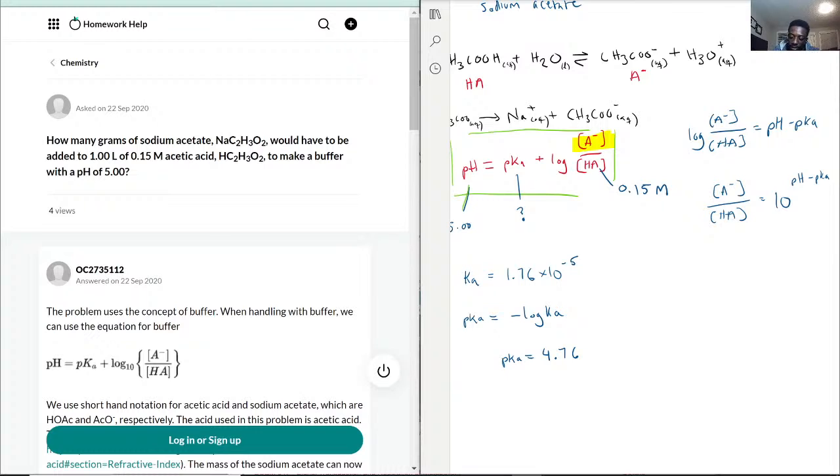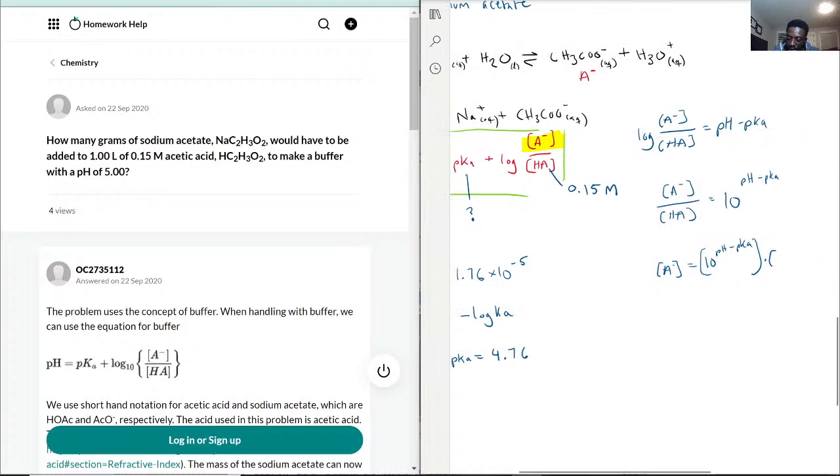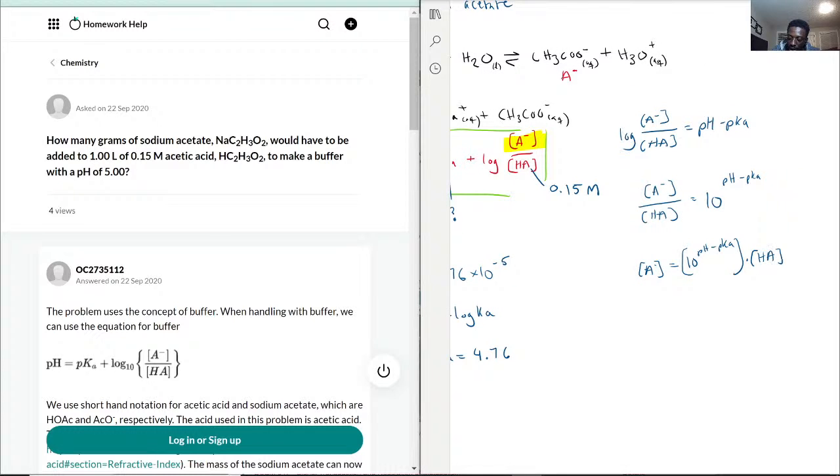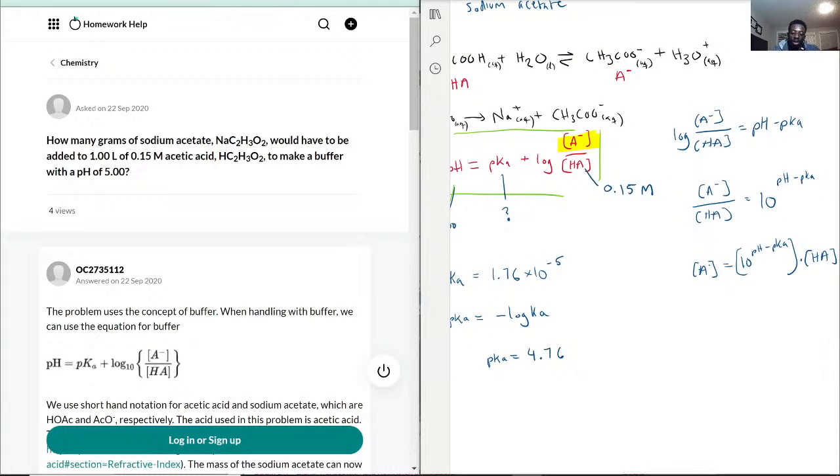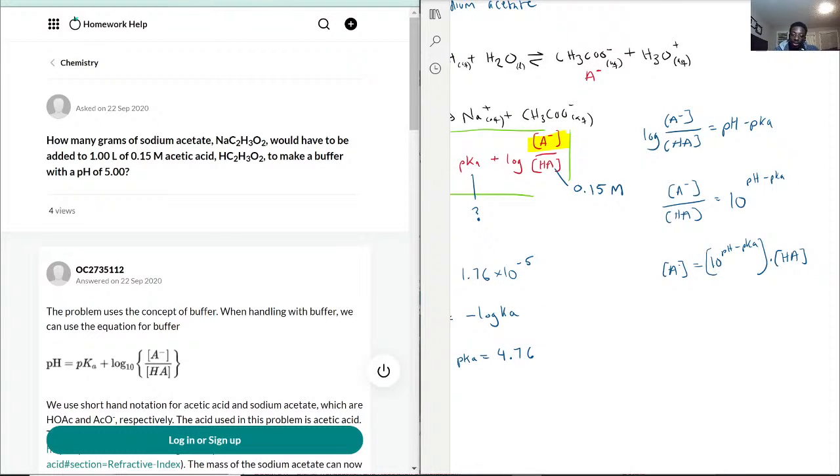That means A minus is equal to 10 to the pH minus pKa, not divided by, multiplied times HA. So 10 to the pH minus pKa times HA, and that whole step should give you the concentration specifically of sodium acetate.